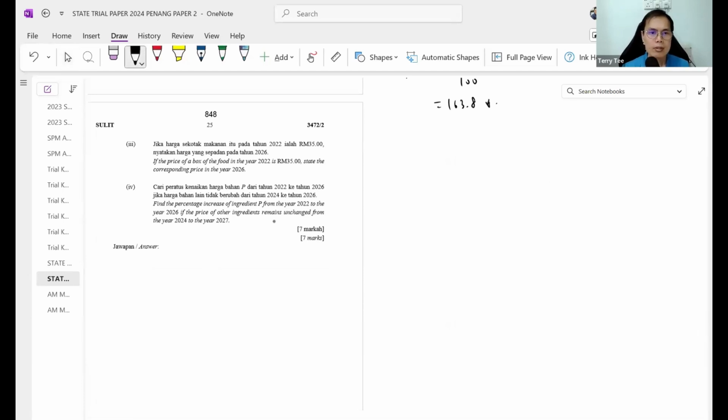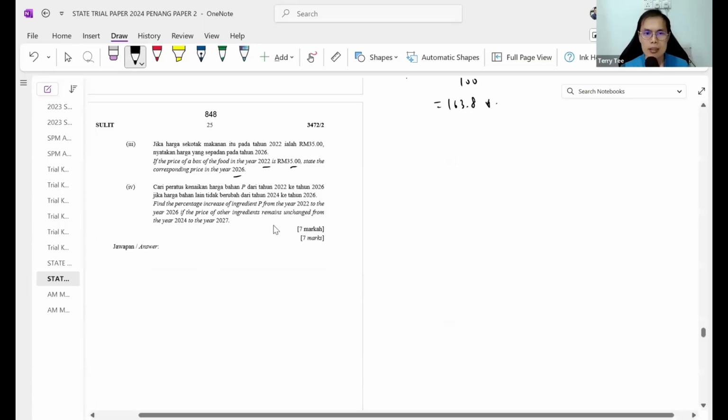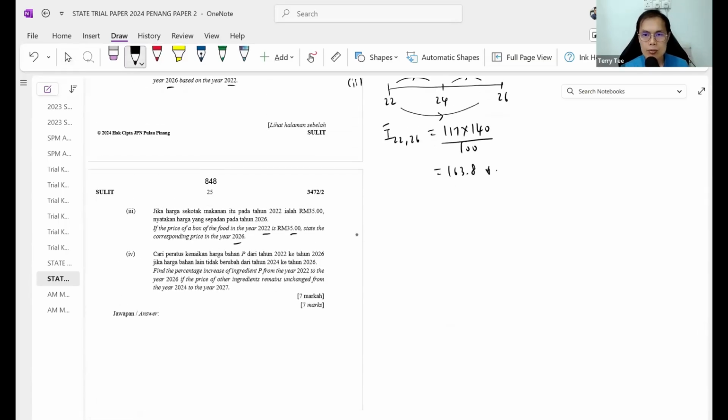Now, the price of a box of food in 2022 was 35 ringgit. Find the corresponding price in 2026. So we can use this result from Roman 2, because this is your overall increment. We know the price in 2022, which is 35 ringgit. I put the RM here, 35 ringgit. The price in 2026, I don't know.